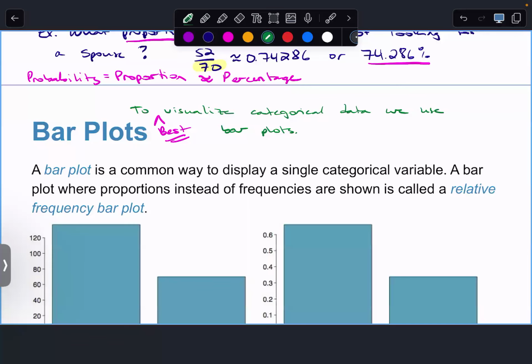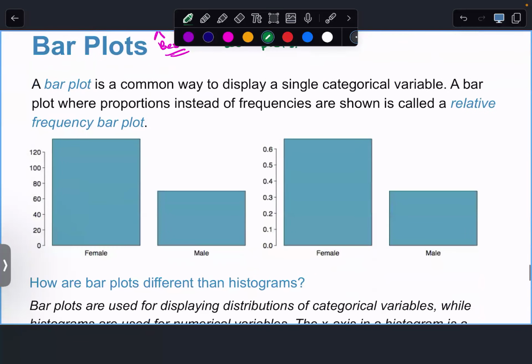They're bars representing the count in each category. So for example, you can have the raw count or the frequency plot, or you can convert them to percentages or proportions and have the relative frequency. Notice that the shape doesn't change, right? You're just shrinking one down, putting it on a scale of 0 to 0.6 instead of 0 to 120. The information that you get out of it stays the same, but it is a little bit nicer to have the relative frequency.